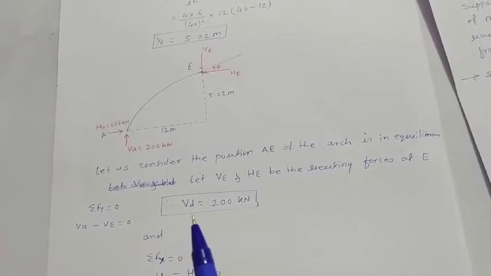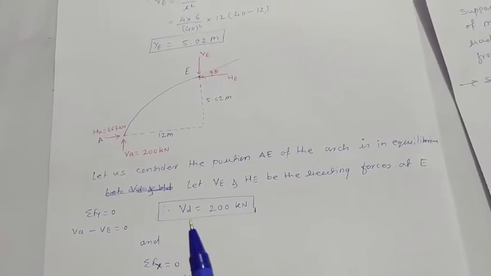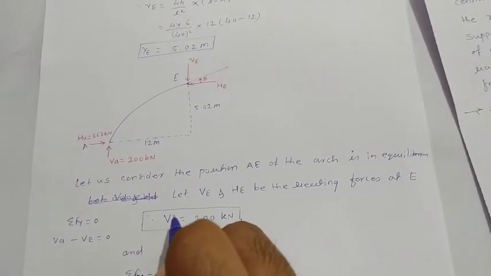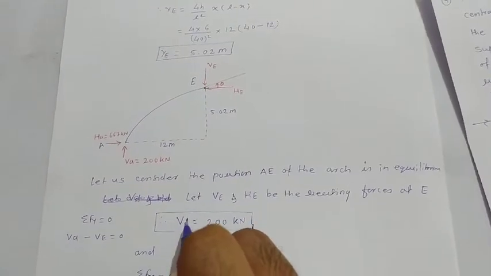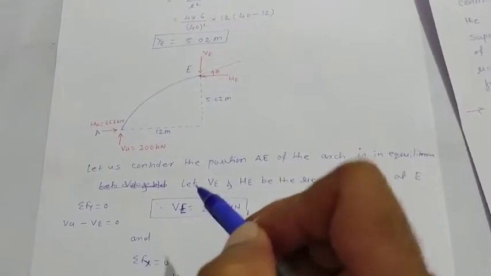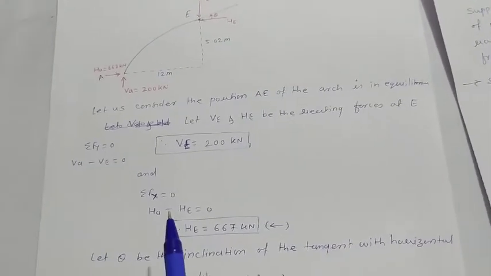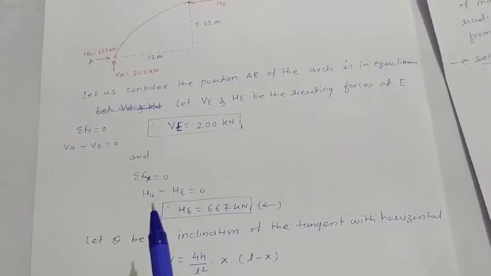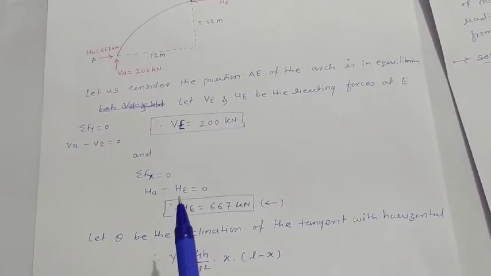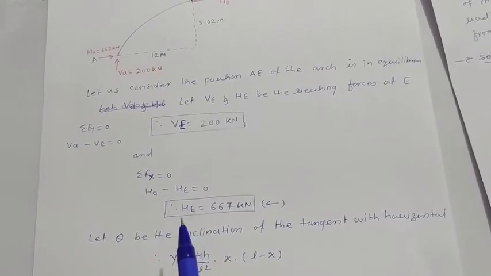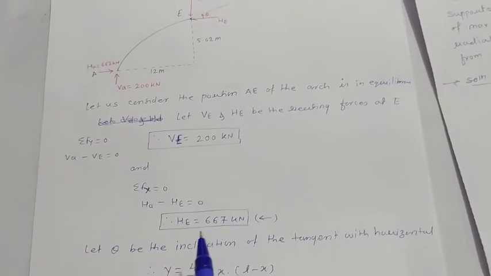From this equation you will get VE. This is VE, not VD. Now second condition, summation Fx is equals to 0. So HA minus HE is equals to 0. From this equation you will get the value of HE.